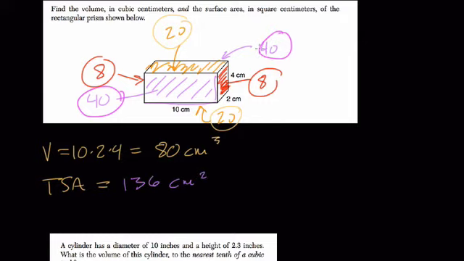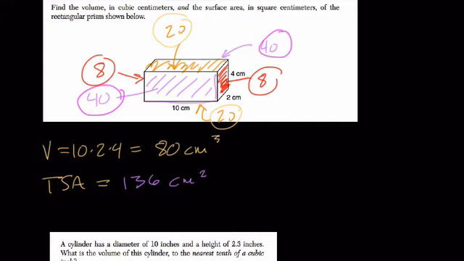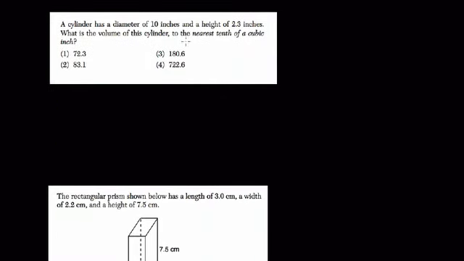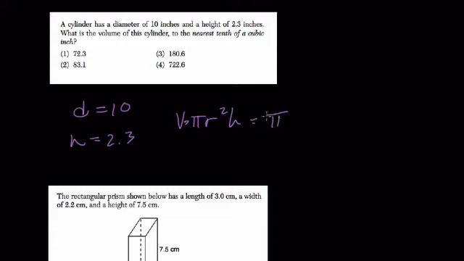And all I did there was add those up. 40 plus 40 is 80, 120, 136 centimeters squared. Moving on here, a cylinder has a diameter of 10 inches and a height of 2.3 inches. What's the volume? So the volume is equal to the area of a circle, pi r squared, times the height. So we just plug this in.